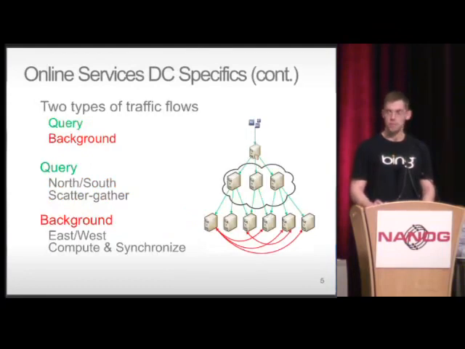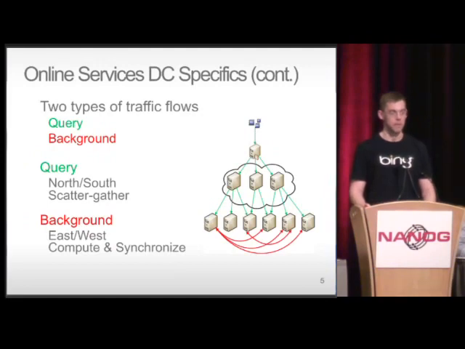The most important part, I believe, like Andy mentioned before, is the specific type of traffic flows that we have. In a very simple fashion, you can divide the traffic flows into queries and background traffic. Queries are what customers send you, or what applications send to each other to perform calls or some requests.